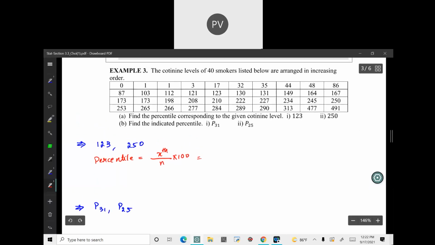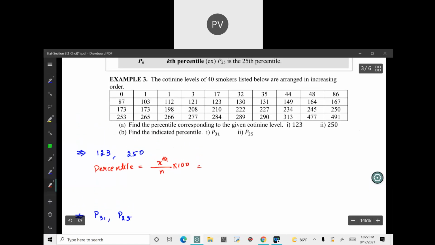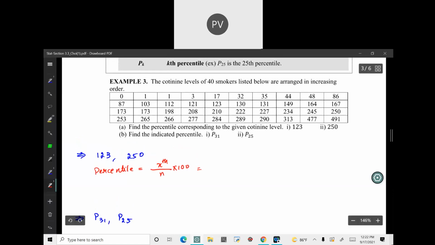Now 123 belongs to which position? 1, 2, 3, 4, 5, 6, 7, 8, 9, 10, 11, 12, 13, 14, 15th value is 123 and 250 would be the 30th value.